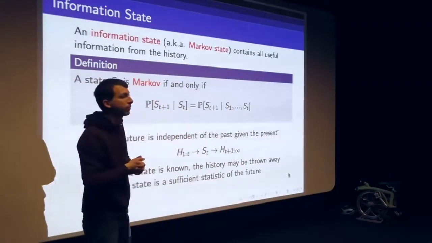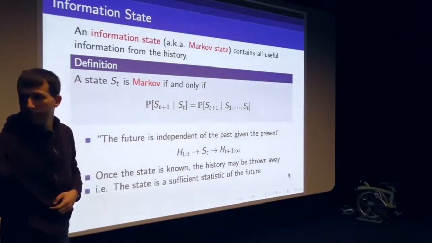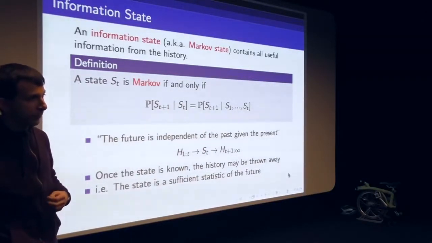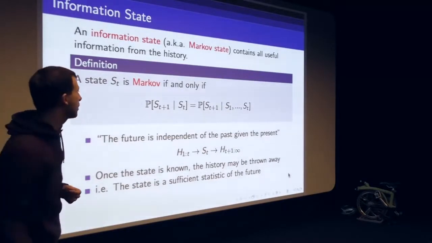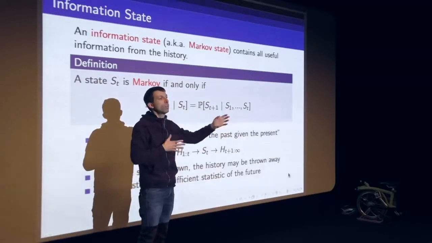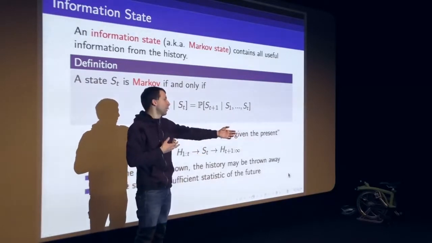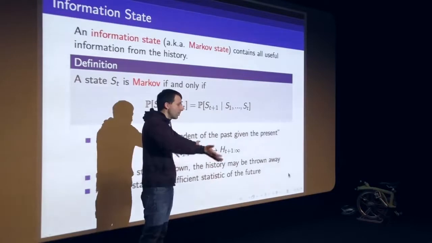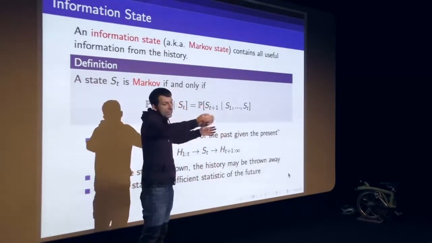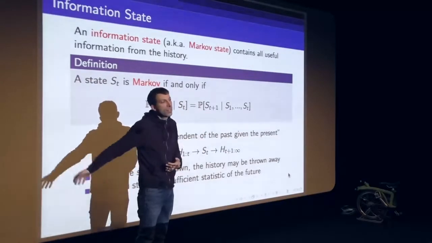Yeah, question? I think you said at the beginning that the reward comes many time steps after the observation and the action. How does that reconcile with the fact that you're throwing everything away except the previous time step? That's fine. All we're saying here is that everything we can say about the future, the distribution of events that might happen to us, conditioned on this state is the same as if we conditioned on the full history.